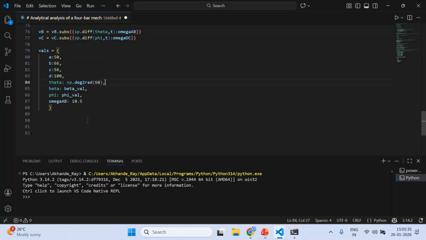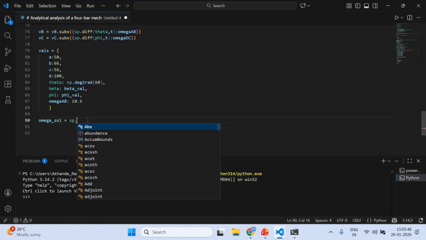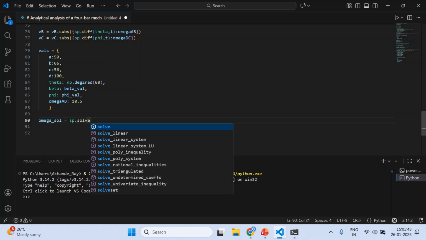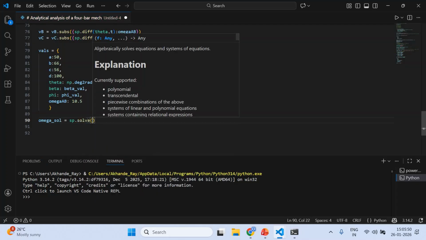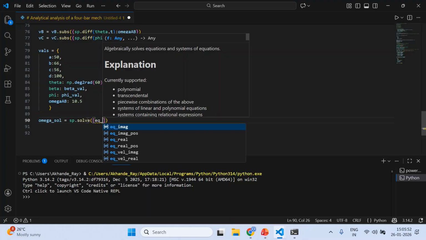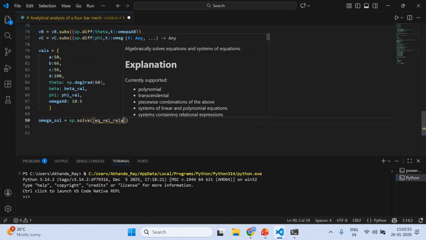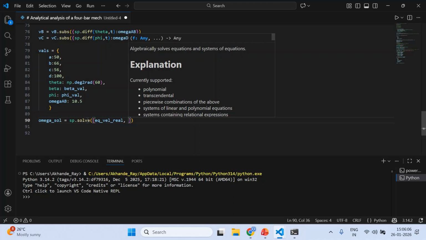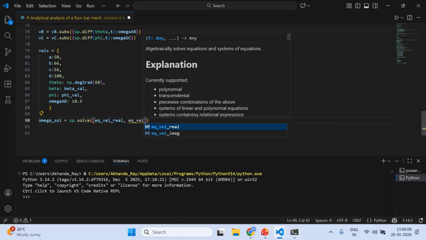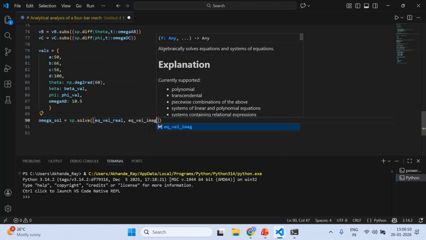Beta underscore. Right. Now the time is to solve for the angular velocities. So omega underscore sol, again we are going to invoke the sp dot sol relation. So sp dot sol, then after that we have two equations. One is equation underscore well underscore real, and another equation is equation underscore well underscore imaginary.